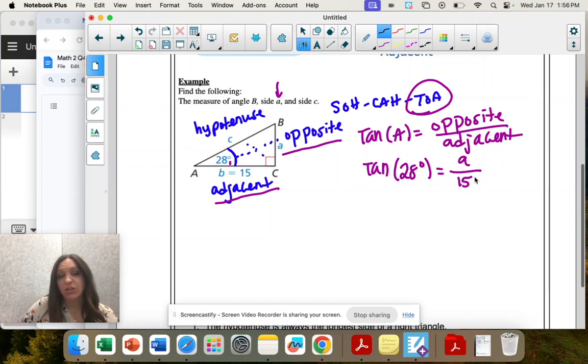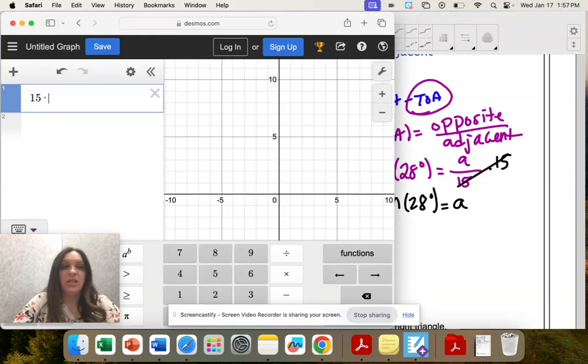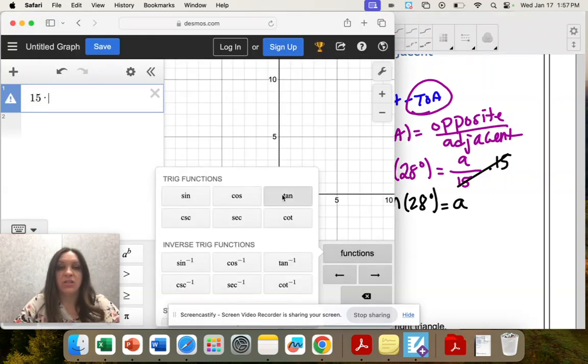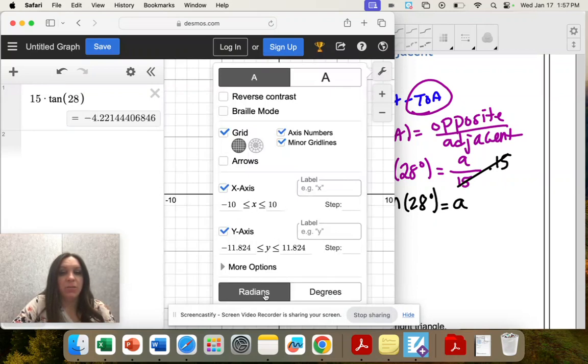Whenever you have a fraction, to get rid of it, you multiply both sides by the denominator. Those cancel out and you're left with the numerator. You have 15 times tangent of 28, and this is what goes in the calculator. You don't have to enter degrees, but you want to make sure that you're in degree mode.